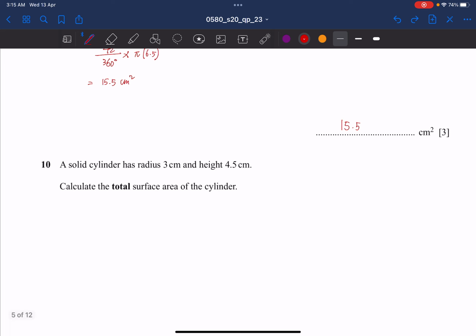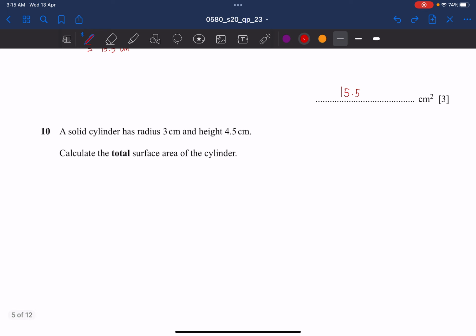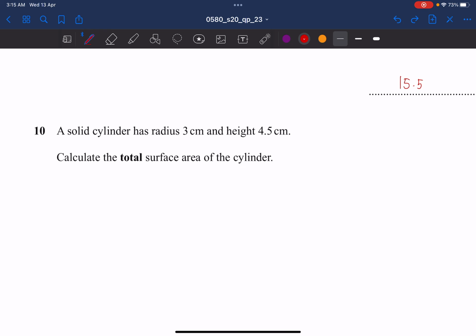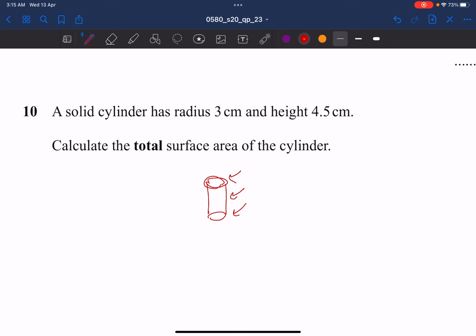A solid cylinder has radius 3 cm and height 4.5 cm. Calculate the total surface area of the cylinder. The total surface area of a cylinder is the area of the circles at the top and the bottom, and the area of the curved surface.